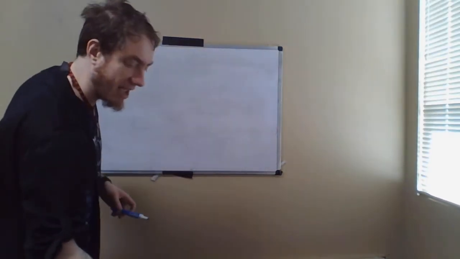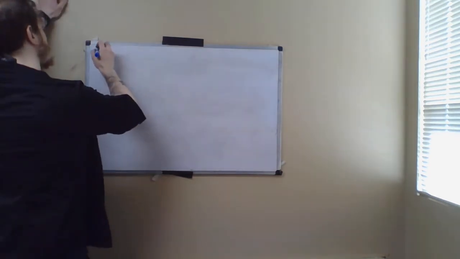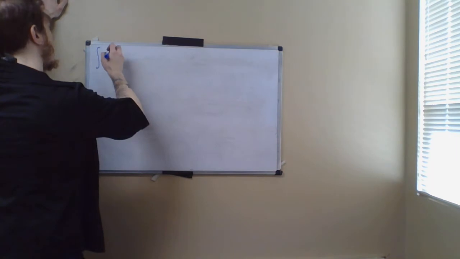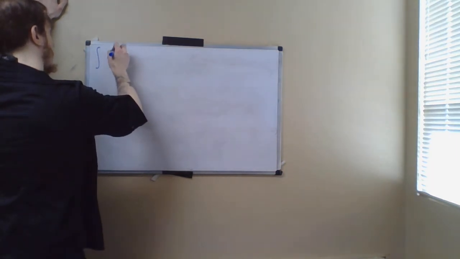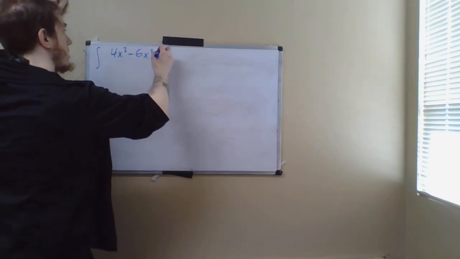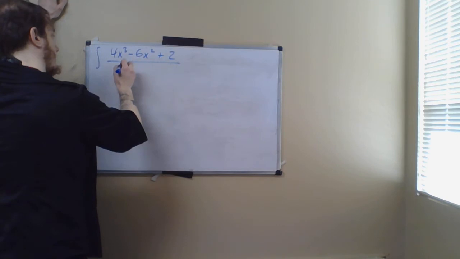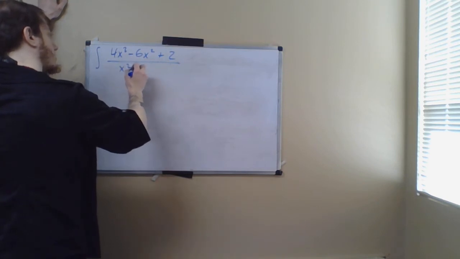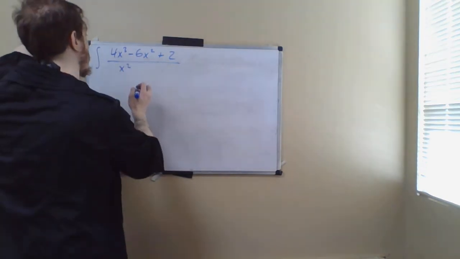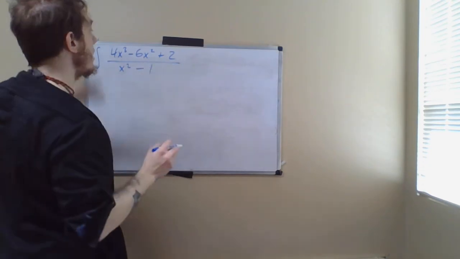And to give you an example of this kind of thing, let's suppose that I need to do the integral of 4x cubed minus 6x squared plus 2 divided by x squared minus 1.